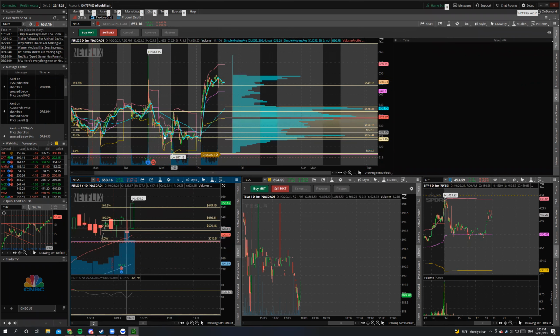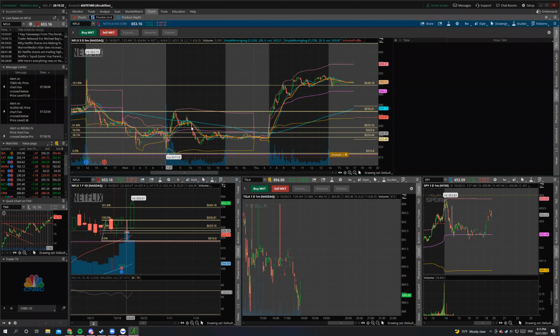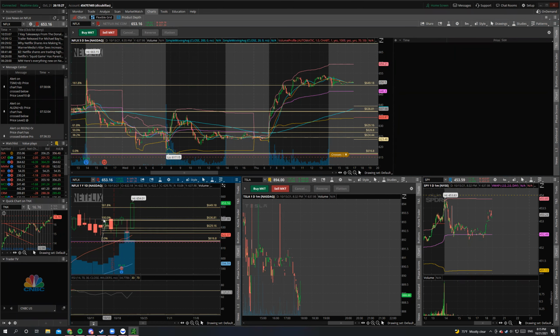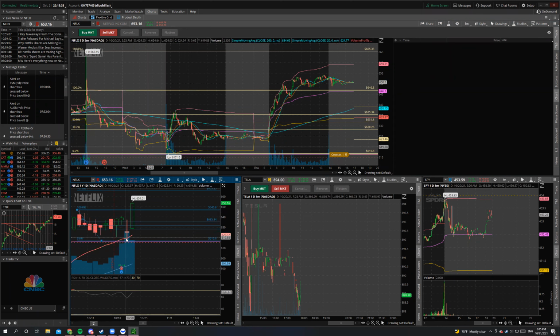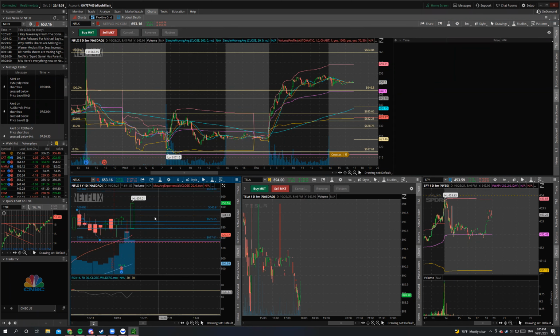I include the one on the left, the top on the left. This one? No, more left. Previous range, more. That one? Okay. So the low is this one, right? Yeah, the low is this one.